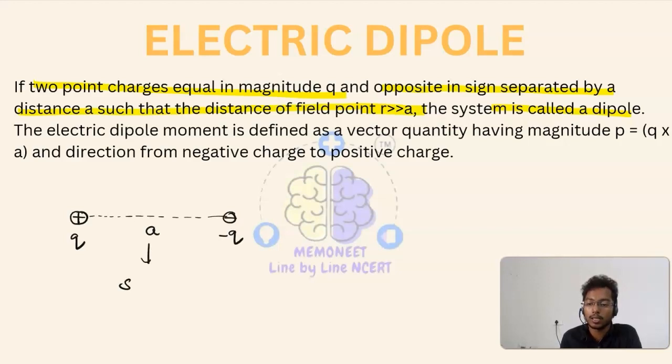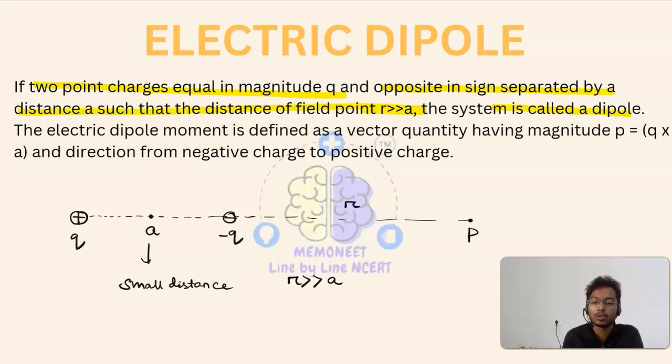And we are comparing it to a distance much greater than a. Let's say it is r, the distance from the center of this system to point P. This setup is known as a dipole.